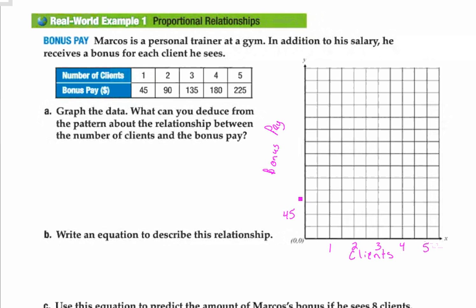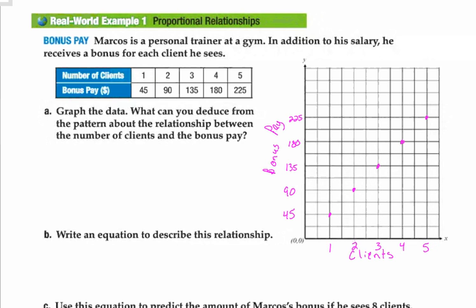Make this thing look really nice. 45 and 90 and 135. Again, as long as it's a consistent pattern, you should be okay. So one client is 45, two is 90, three is 135, four is 180, and five is 225.